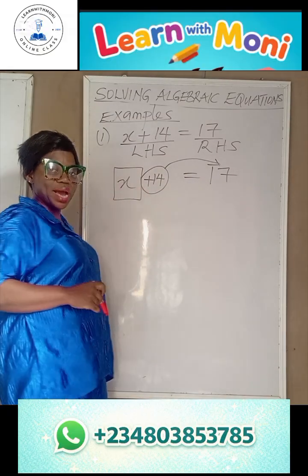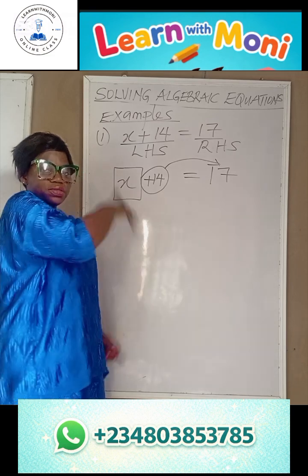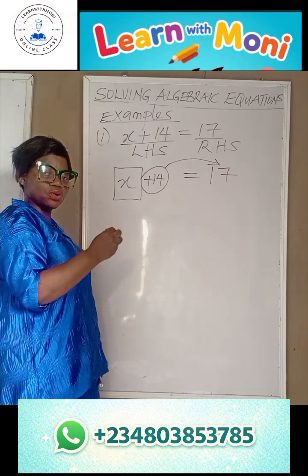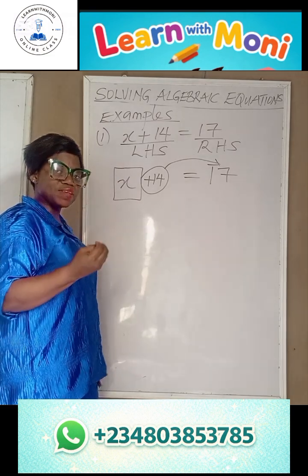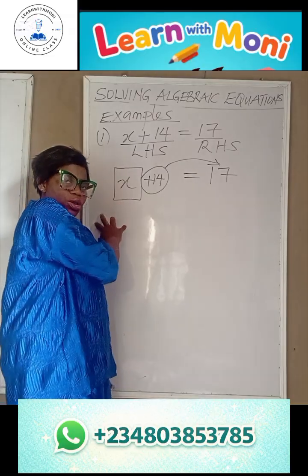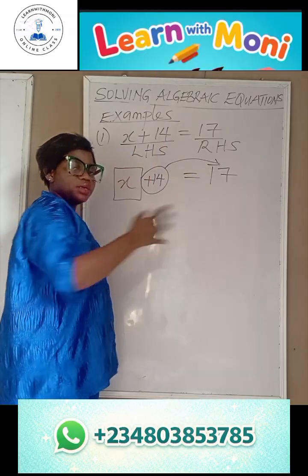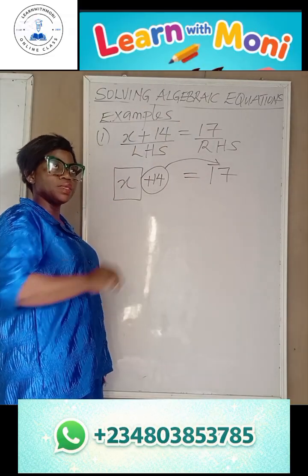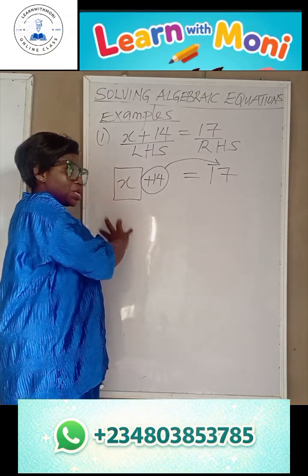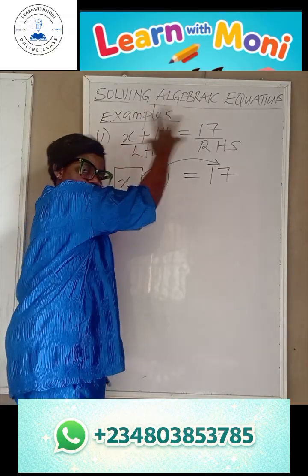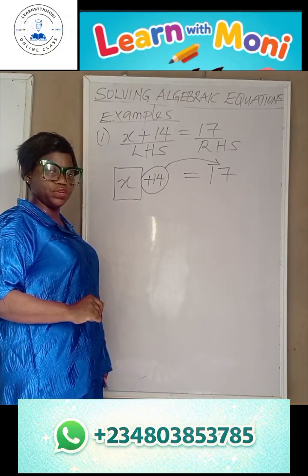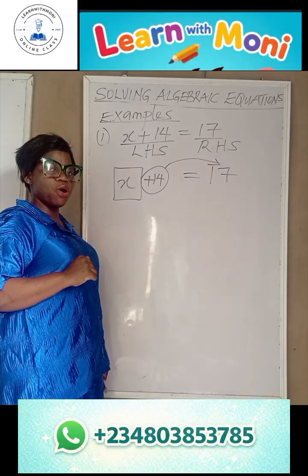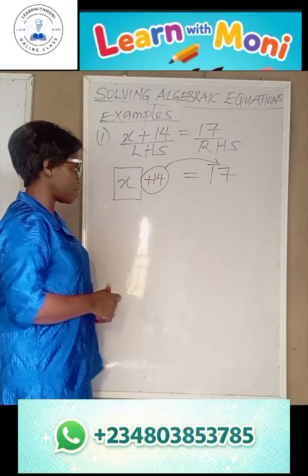If the sign was minus and you are rolling it to the other side, it will change from minus to plus. If the sign is division and you are rolling it from one side to the other, it will change to multiplication. If the sign is multiplication, it will change to division. Let us see more of this in our example.